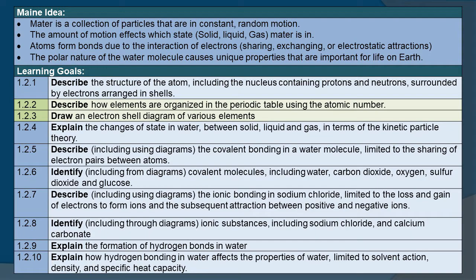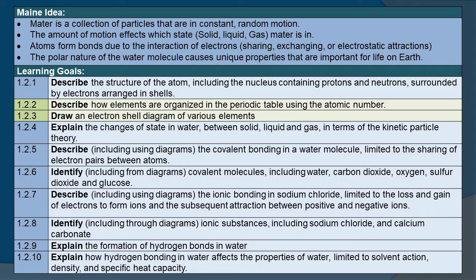As always, if you're starting to learn something new, it's good to have a roadmap. And here that is. You have a section of main ideas at the top and then specific learning goals through the bottom. Now let's go over the main ideas before we get started. We want to understand how matter is a collection of particles that are in constant random motion.